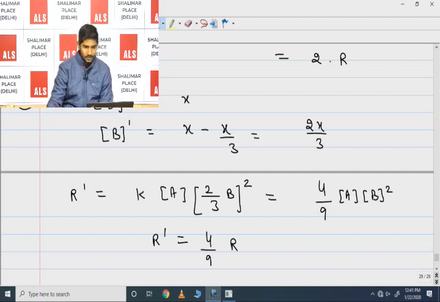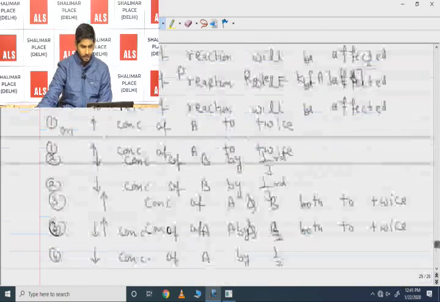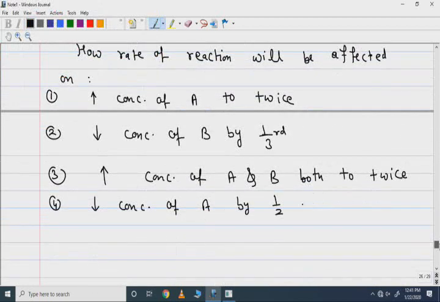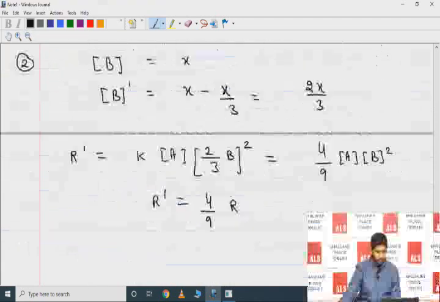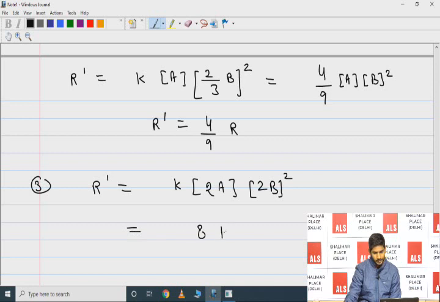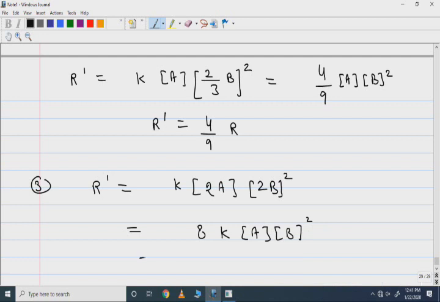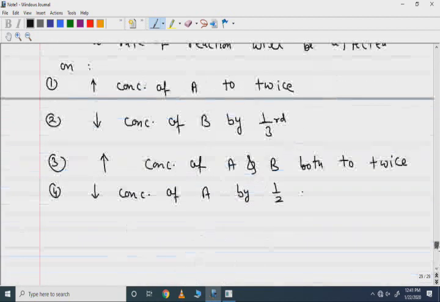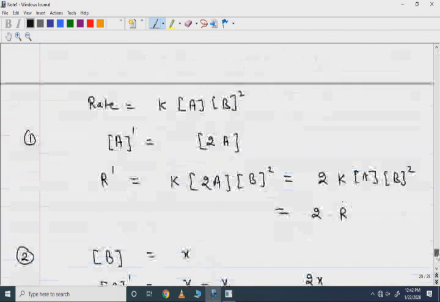Okay, so let's start. Question number 3. It is saying increase both A and B twice. So R dash will be K[2A][2B] square. So this is 8 times K[A][B] square. So this will become 8 times the previous one. Last part, A is decreased by half.